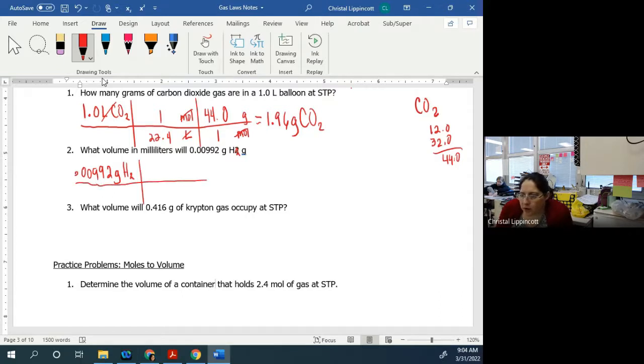We want to convert our grams into moles, then convert our moles into liters, and then finally our liters into milliliters. So see if you can get the numbers put in here the right way. Okay, figured that out.